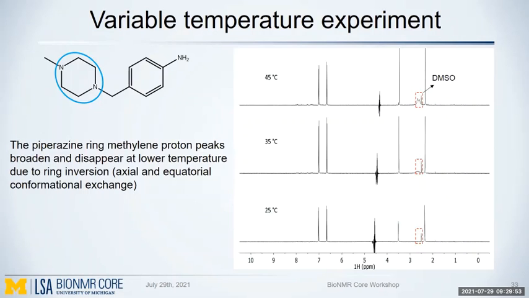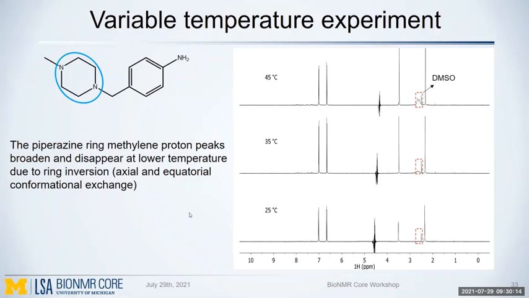Here's an example of how the variable temperature experiment can have an effect on your spectrum. This molecule has a piperazine ring, and the methylene protons of this ring can broaden and disappear at lower temperature due to ring inversion. So this ring has axial and equatorial conformational change.